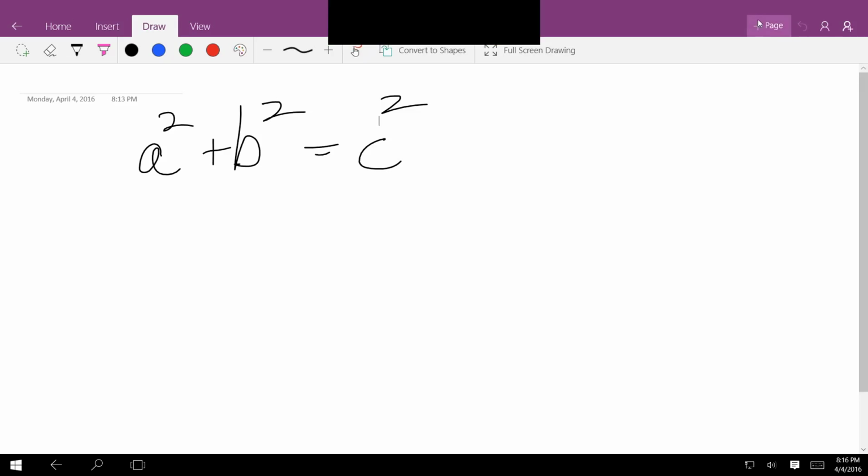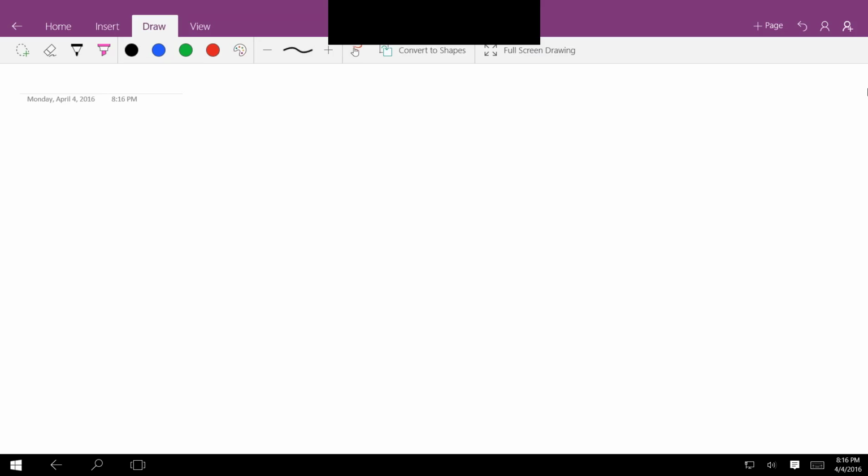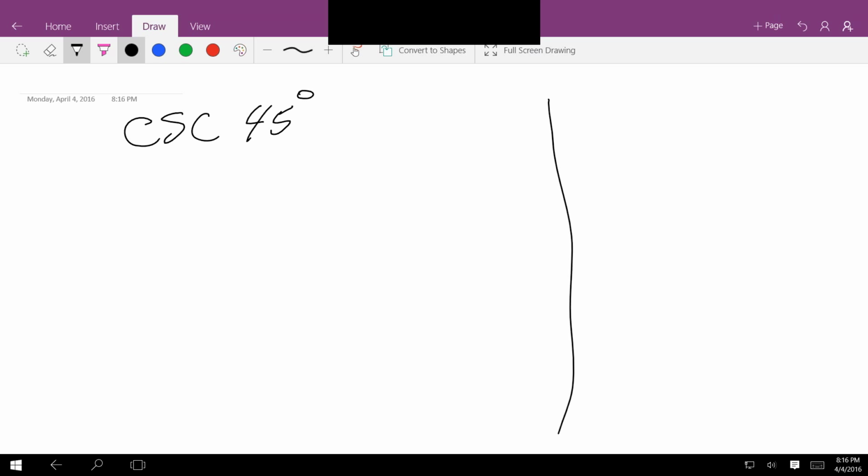We just started problems like evaluate the following cosecant 45 degrees using the unit circle. Okay. Let's draw the unit circle here. Hold on 1 minute.